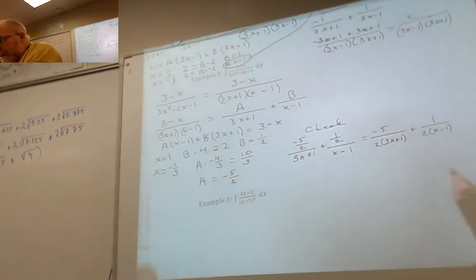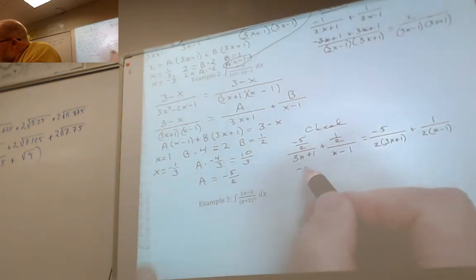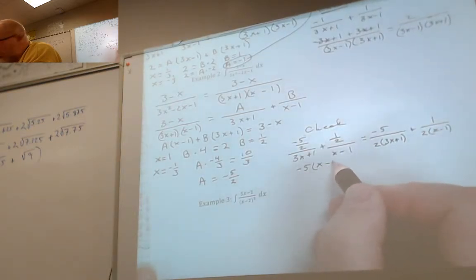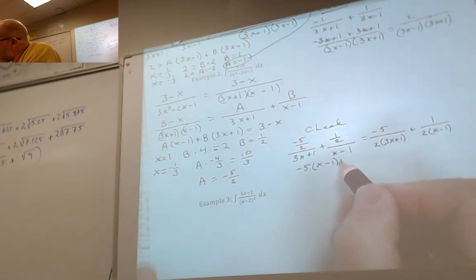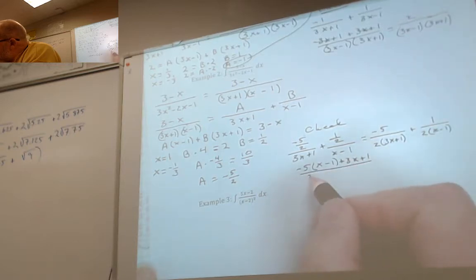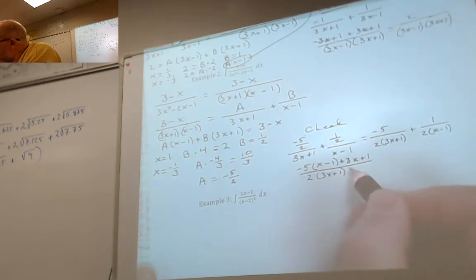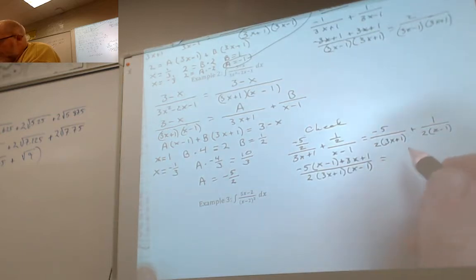Which gives me negative 5 times x minus 1 plus 3x plus 1 all over 2 times 3x plus 1 times x minus 1, which gives me negative 5x plus 5 plus 3x plus 1 over this.